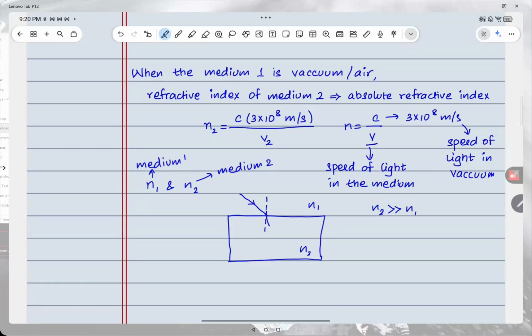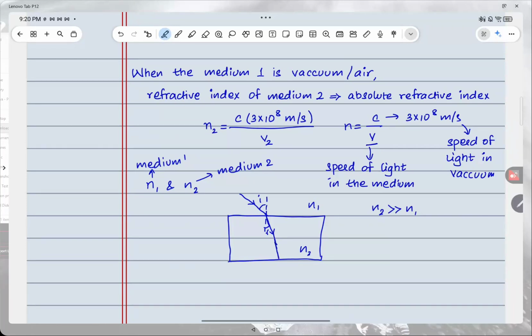It will bend towards the normal, like this. This will be R. Understood? Now, let's say when it reaches here, it will bend again, right?